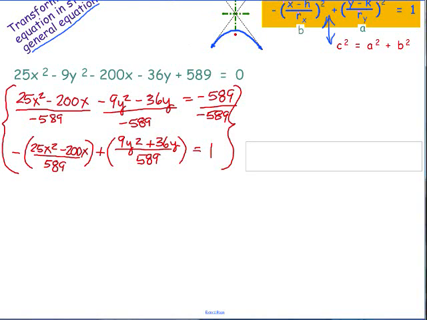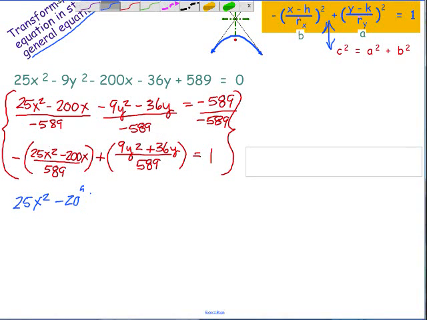So let me pick up, I'll change to a different color, and try completing the square before I do anything else. So I've got 25x squared, and I'm going to pick up this negative 200x.